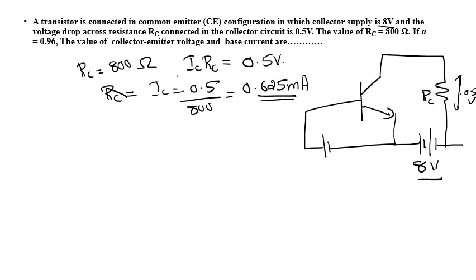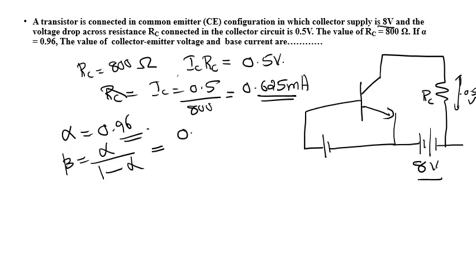IC value is equal to 0.625 milliampere. Now alpha is given here, alpha is equal to 0.96. From there we have to get the beta value. The relation between beta and alpha, calculated previously, is that alpha divided by 1 minus alpha is the value of beta. So this is 0.96 divided by 1 minus 0.96, and that value will be equal to 24.